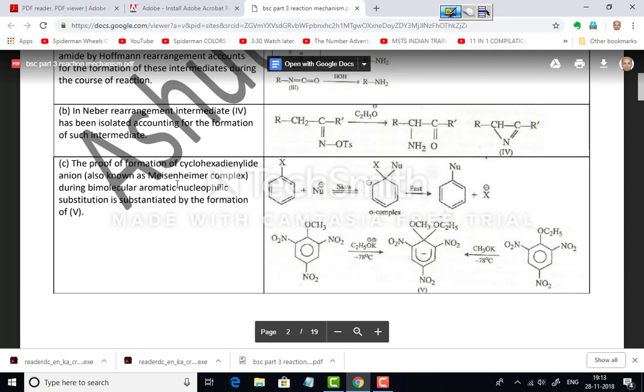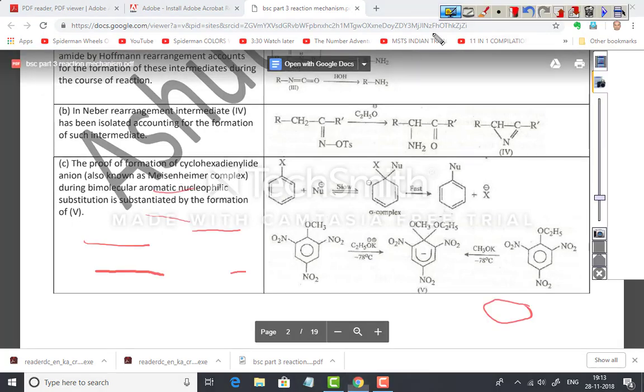Here we know about the Meisenheimer complex. The formation of the cyclohexadienylide anion during a bimolecular aromatic nucleophilic substitution is substantiated by the formation of the fourth. So this is an aromatic nucleophilic substitution.